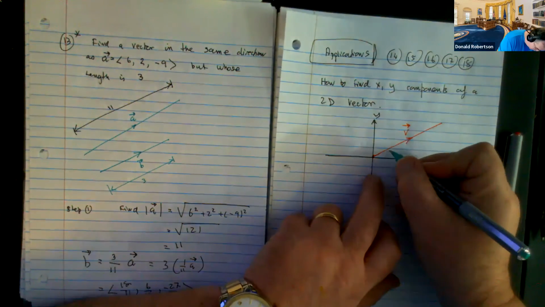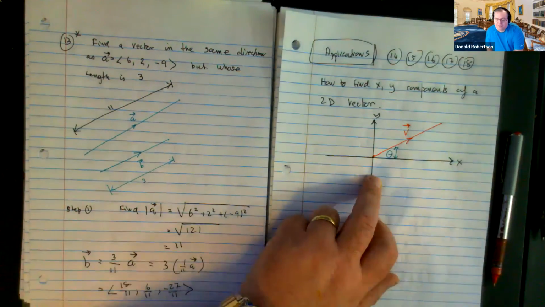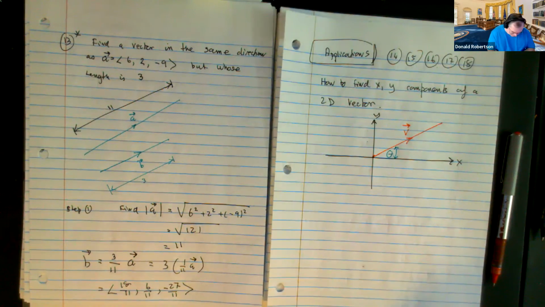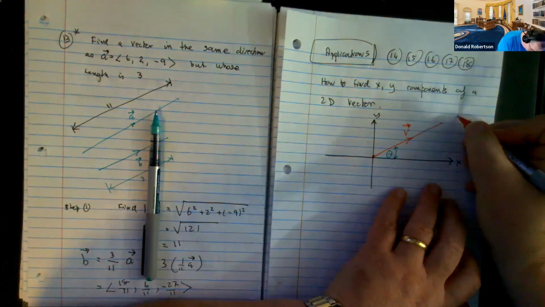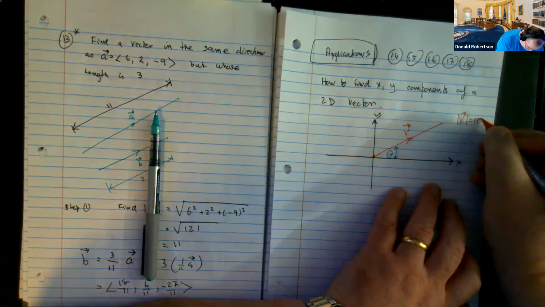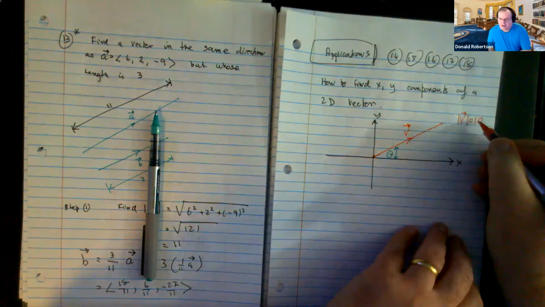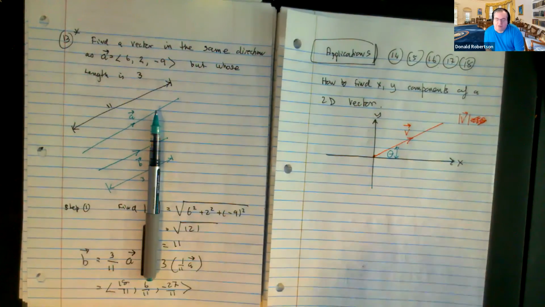The first thing is that it makes an angle of theta with the x-axis. And the second thing is its magnitude is 10. Or actually, in this case it is 10, but let's just say its magnitude is v. Later on, we'll give you numbers.